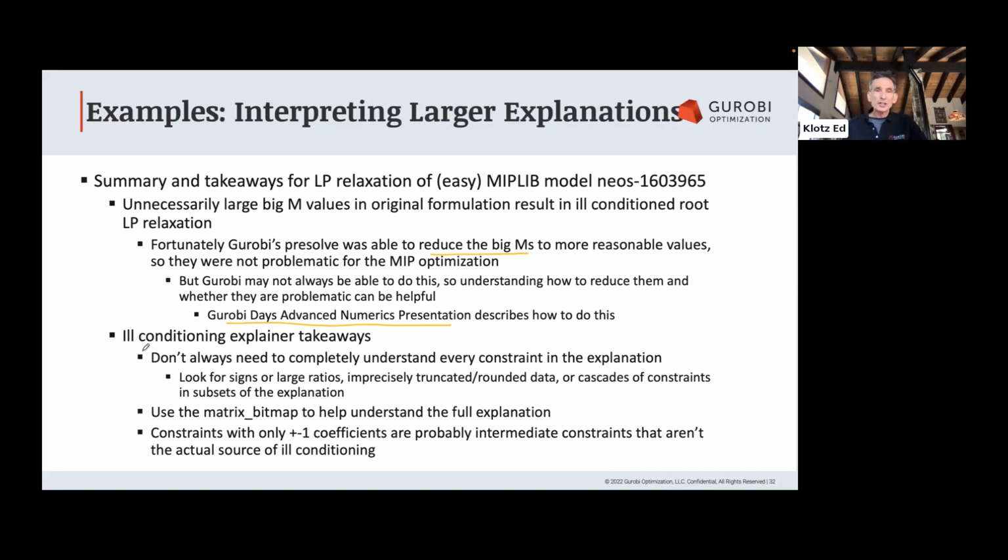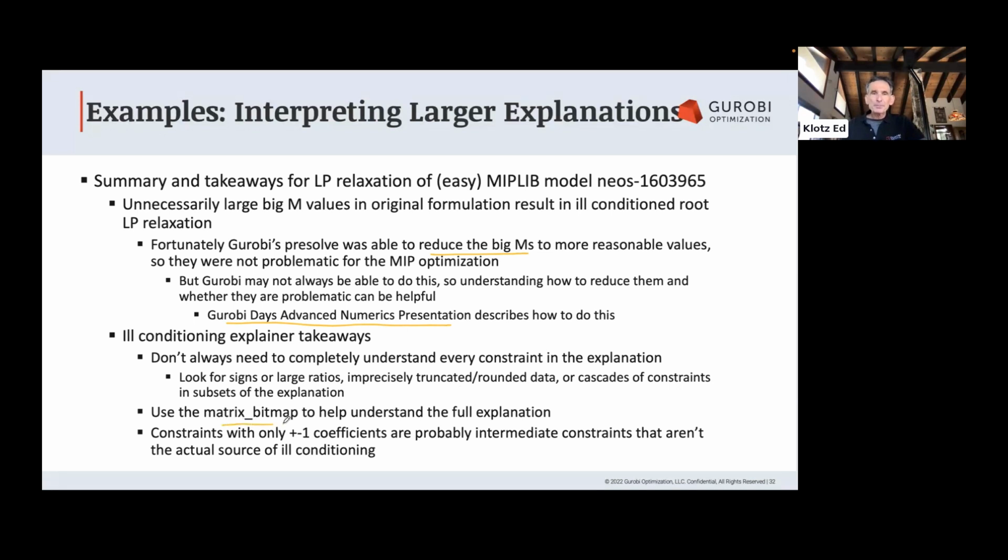Regarding the ill conditioning explainer itself, the key points are: you don't always need to understand every constraint in the explanation. Look for one or more of the three sources of ill conditioning, namely large ratios, imprecisely truncated or rounded data, or these so-called cascades in subsets of the explanation.